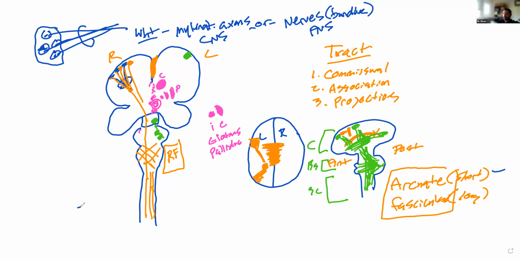Well, we would say that if we have a cell body, and it has a projection, an axon, right? Let's say that this is located here, for instance, in our pons. We have a cranial nerve.